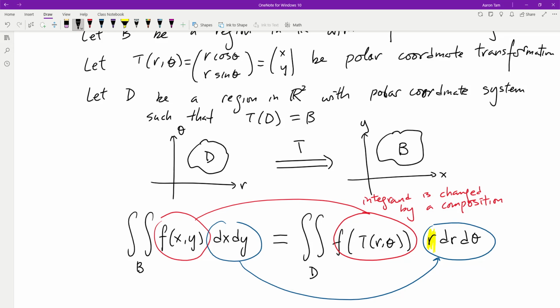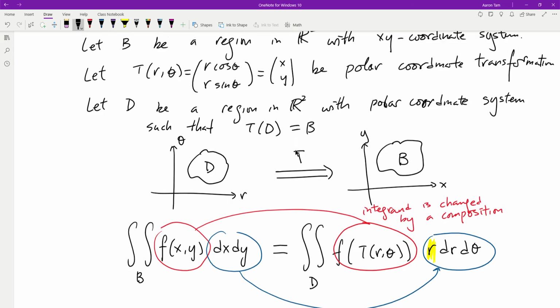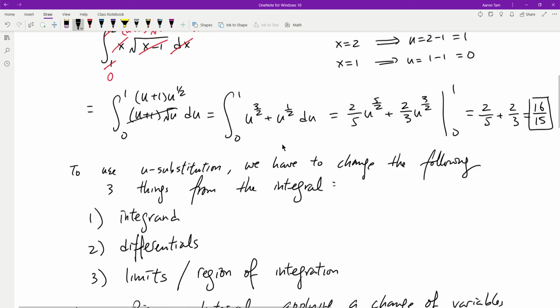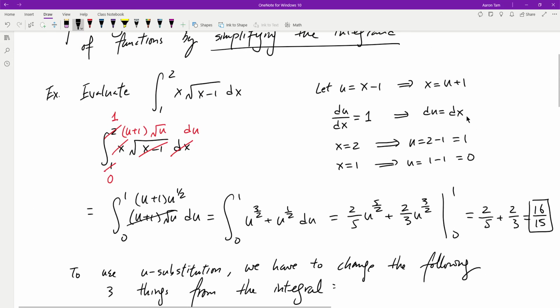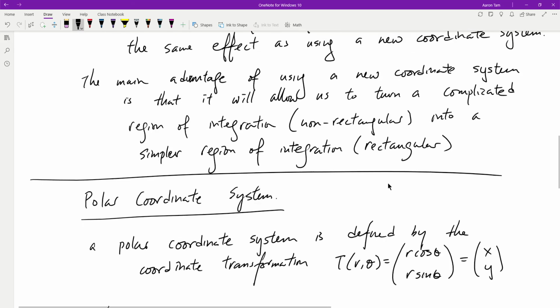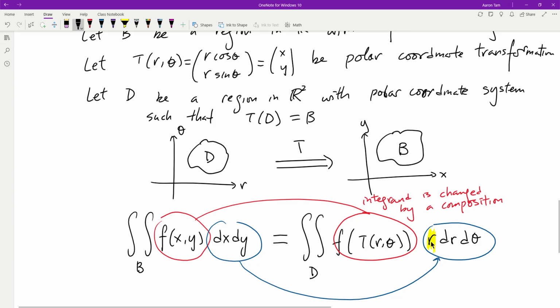See the r right there? That is how it corresponds the two differentials together, which is exactly what you do in u substitution when you try to show a relationship between du and dx. That's why we have an extra r. Now, you might be thinking, where did the r come from? We will talk about that toward the end of 7.4 when we learn something called the Jacobian theorem.